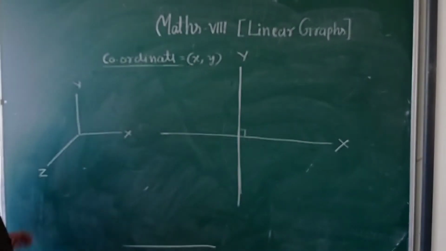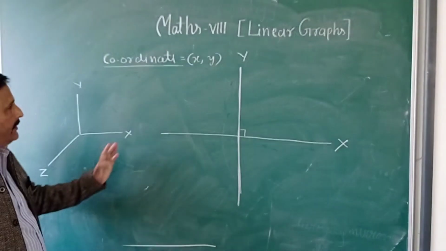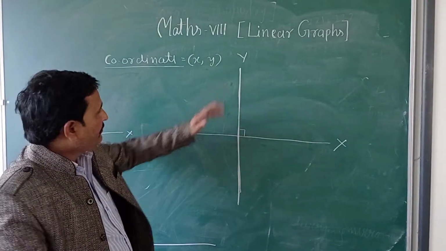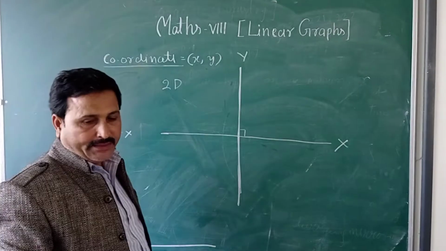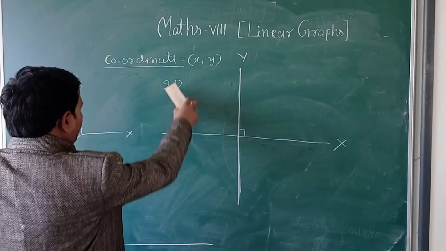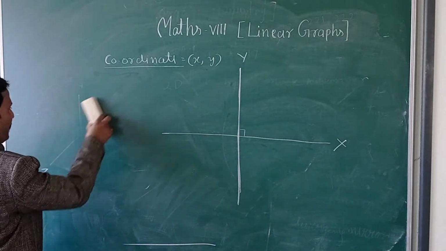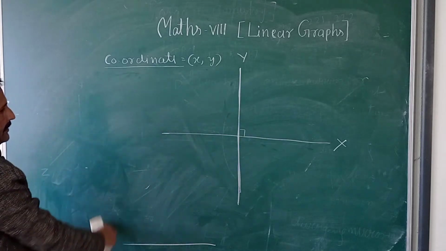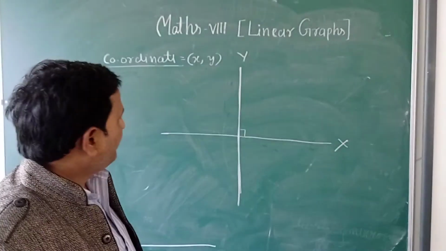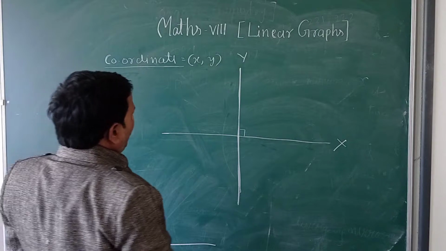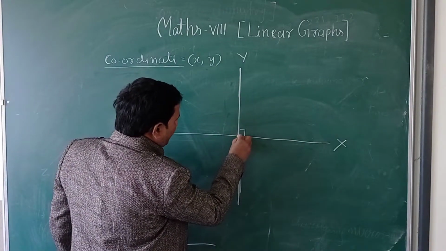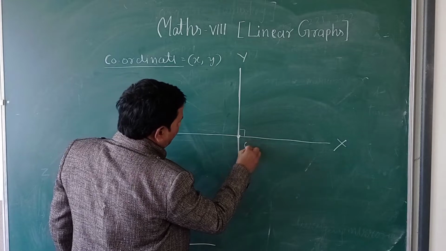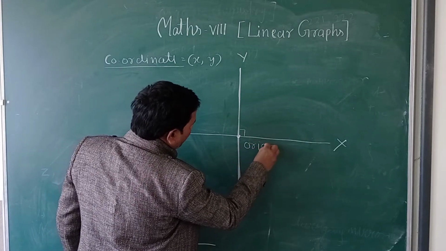This is called 3D, and this is 2D. In this chapter, we have to study the two-dimensional figure. The point where the x-axis and y-axis intersect is called the origin.